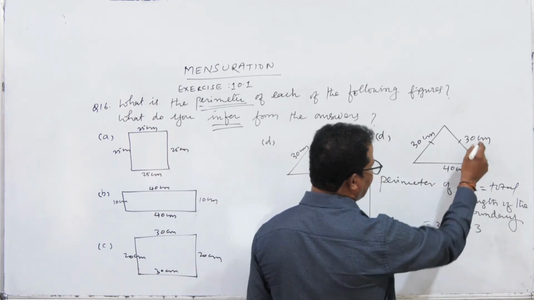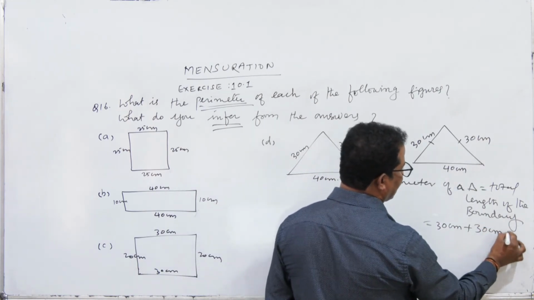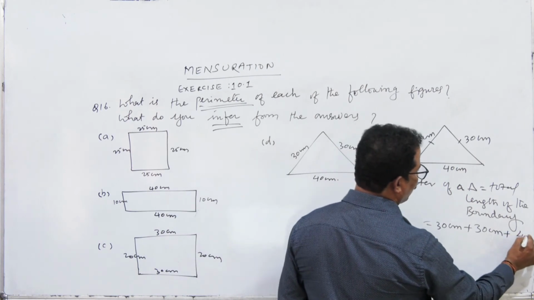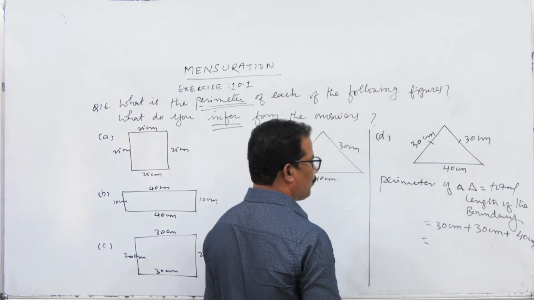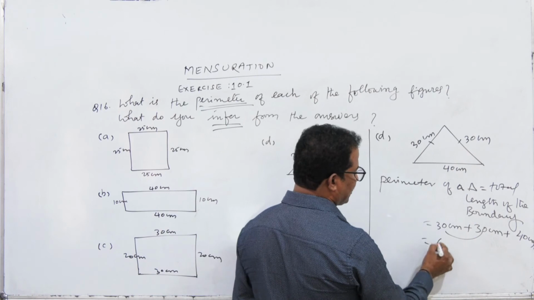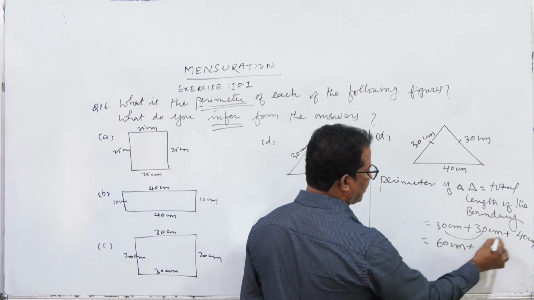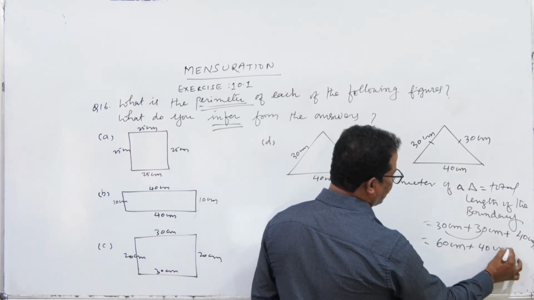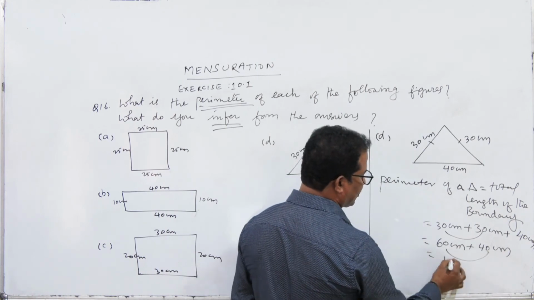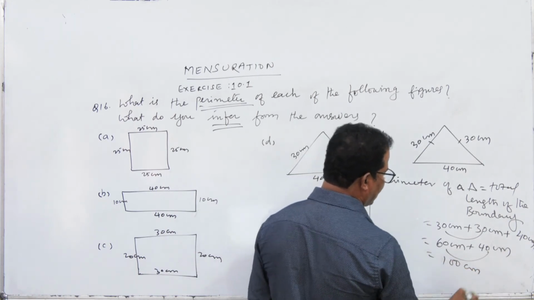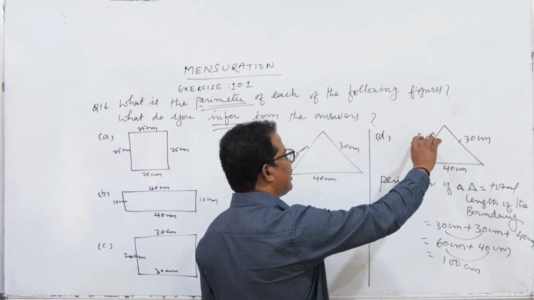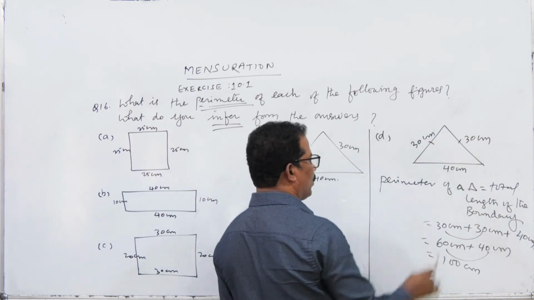Then again this side is how much? 30 centimeter, and this side is how much? 40 centimeter. So if you add, we will get 30 plus 30, that is 60 centimeter. Then again it is 40 centimeter. Then this 60 plus 40 is equal to how much? 100 centimeter.